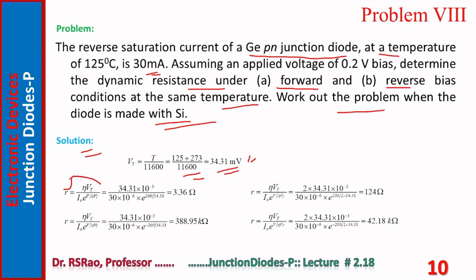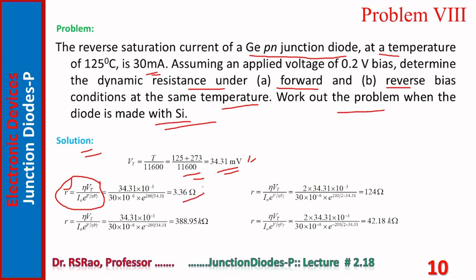The relation for dynamic resistance is eta Vt by I naught e power V by eta Vt. This is valid both for forward as well as reverse biased conditions. Under forward biased conditions, V is positive. Under reverse biased condition, V is negative. So substituting the available values, one can find R as 3.36 ohms.